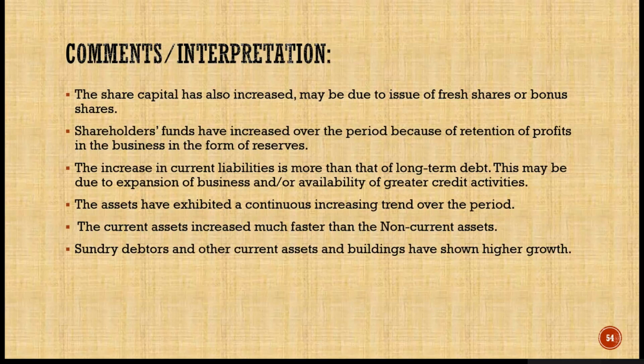Next, sundry debtors, other current assets and buildings have shown higher growth. That means, in general, we can see that the final conclusion can be that the business is increasing, which is visible through the increase in their total asset and total liability percentage.